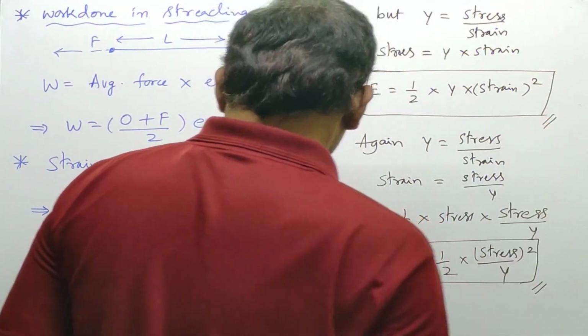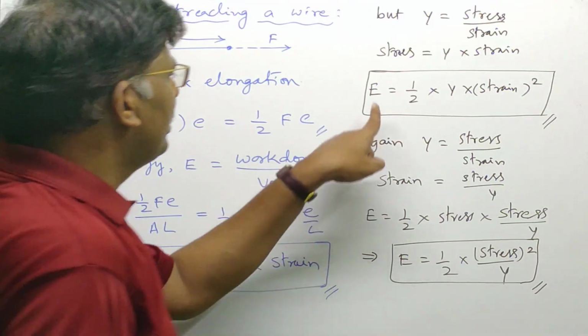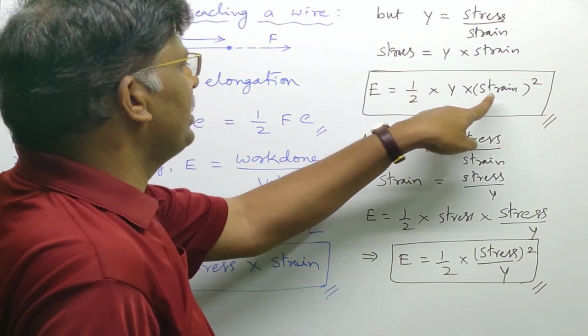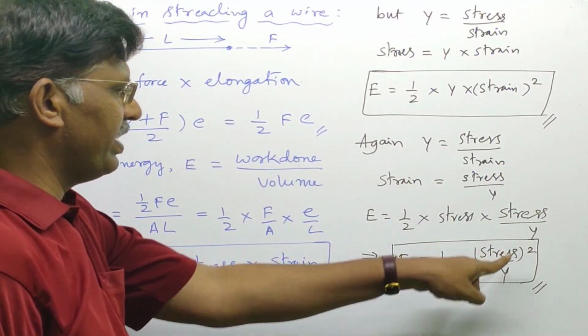Observe, there are 3 forms in total. Strain energy is equal to 1 by 2 into stress into strain, or half into Y into strain square, or half into stress square by Y.